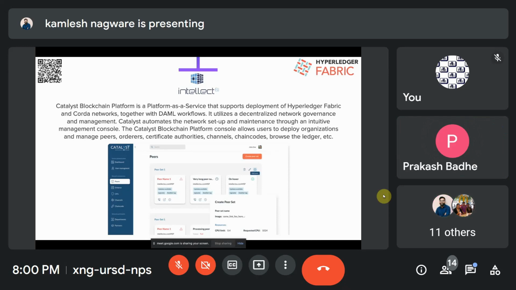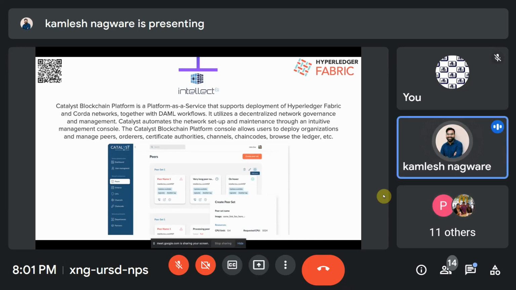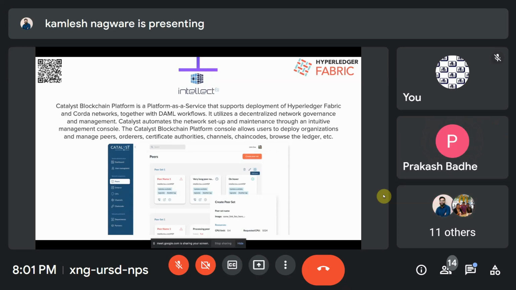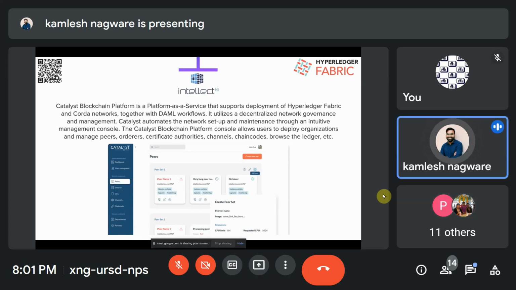Simply, one is a distributed ledger, where a ledger means a database. Another is smart contracts, and the third is consensus. Consensus means, whatever data you are writing in these ledgers across the distributed nodes, what is the authenticity and what is the approval mechanism. So these four components create a blockchain.